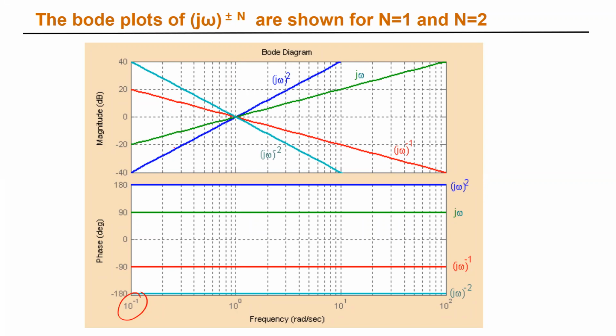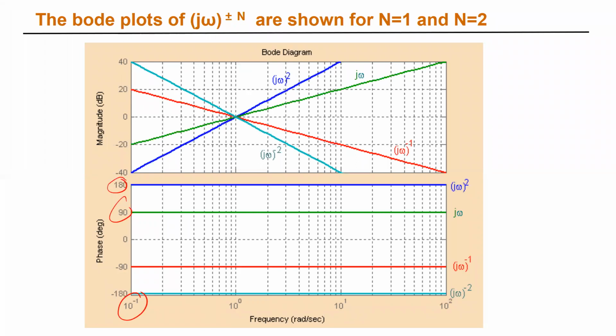Two zeros, positive slope of 40 dB. The corresponding phase, if I have one pole, I have minus 90. If I have two poles, I'm going to have minus 180. One zero is 90, two zeros is 180. So if I have a pole or a zero at the origin, I can address it in this way.